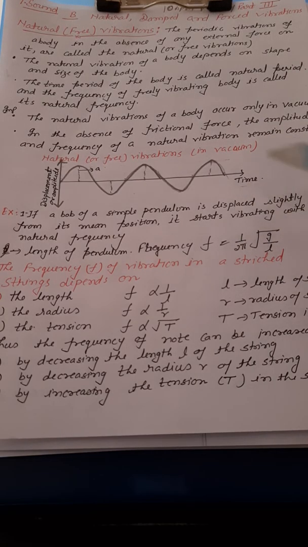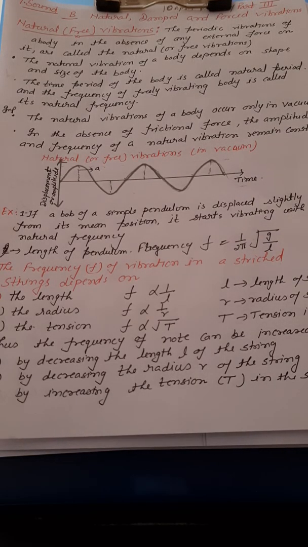Now, what is natural vibration? Again, I am repeating. The periodic vibration of a body in the absence of any external force on it is called natural or free vibration. So, student, the definition should be learned perfectly. There should be no change in the definition.